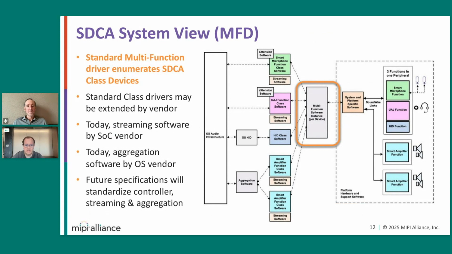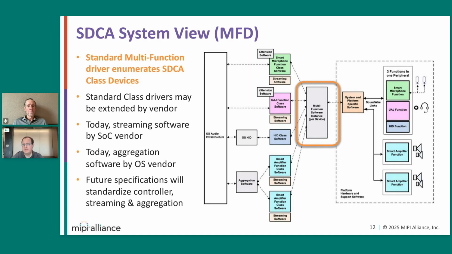So when there's a piece of SoundWire or Swiss peripheral silicon, that will enumerate with a multifunction driver that says, hey, this peripheral is an SDCA device. What SDCA functions does it have on it? And then it can enumerate the individual SDCA functions on the chip, which might be one, might be several.